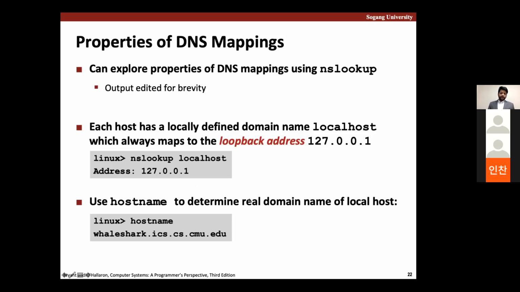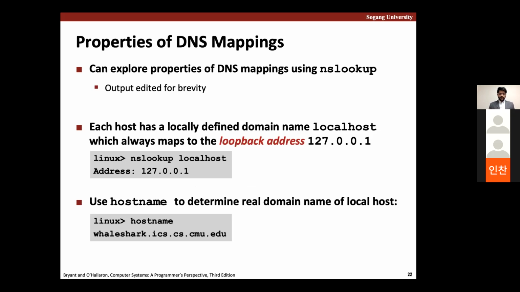The characteristics of the domain naming system are these DNS mappings. They let you explore the domain name and the host using nslookup. The output is edited for brevity. For example, each host has a locally defined domain name, localhost, which always maps to the loopback address, the local IP.